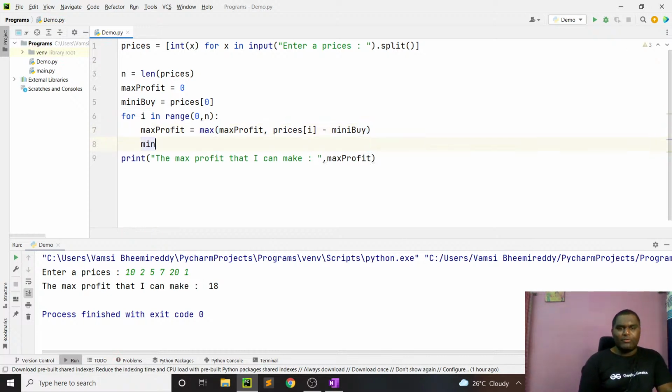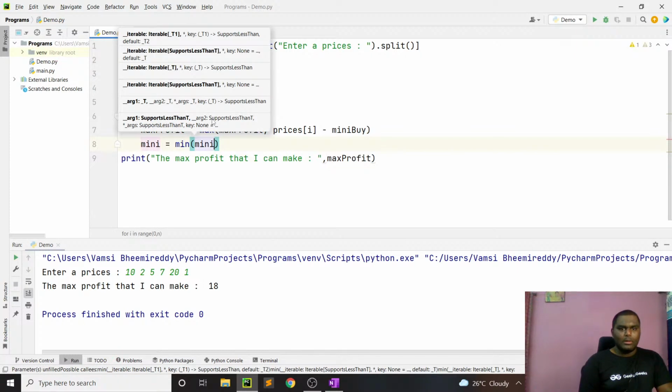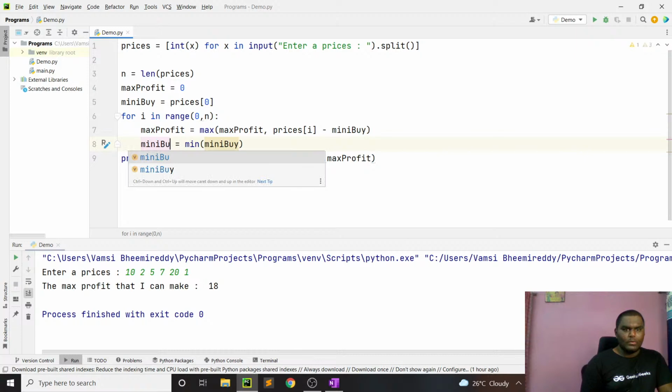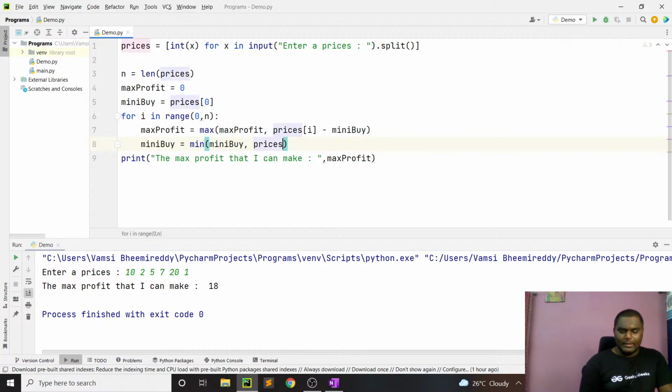Now you need to update min buy equal to minimum of min buy, comma, current price. That's it.